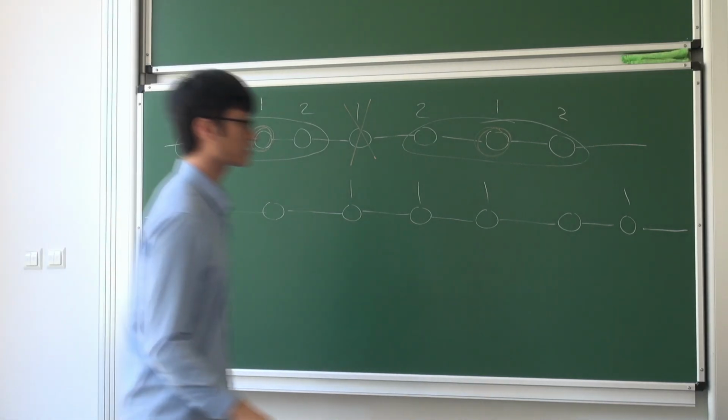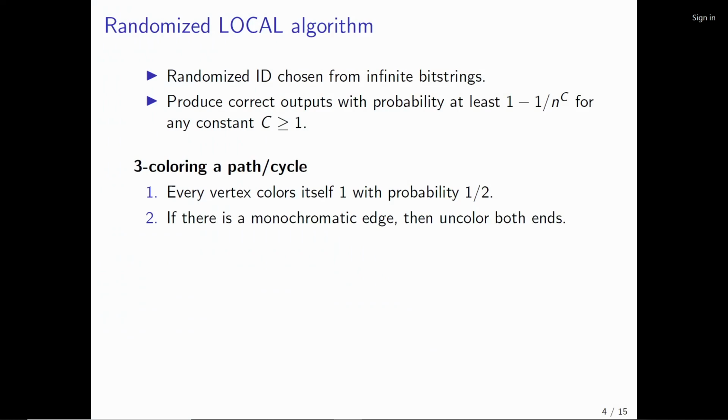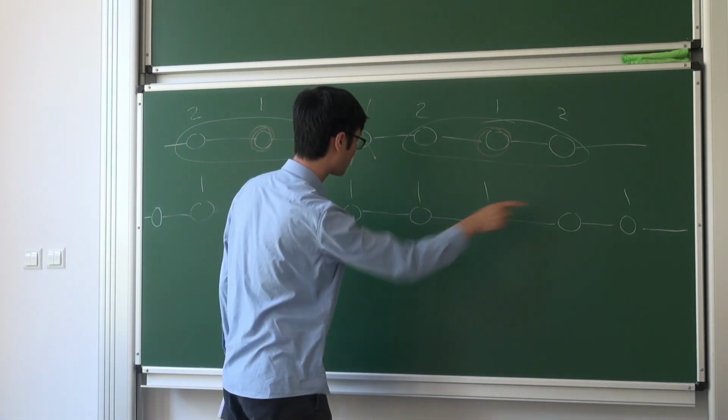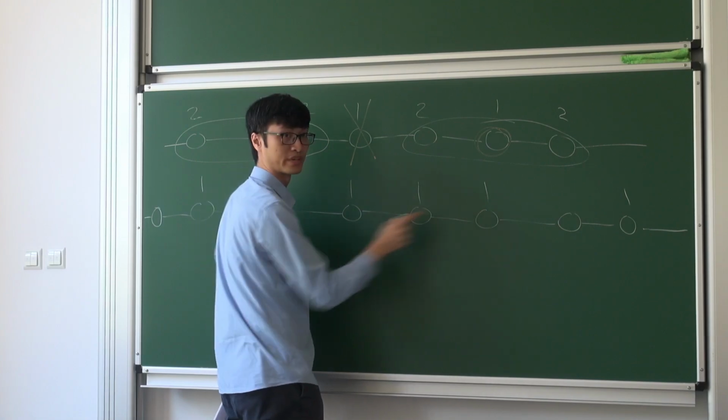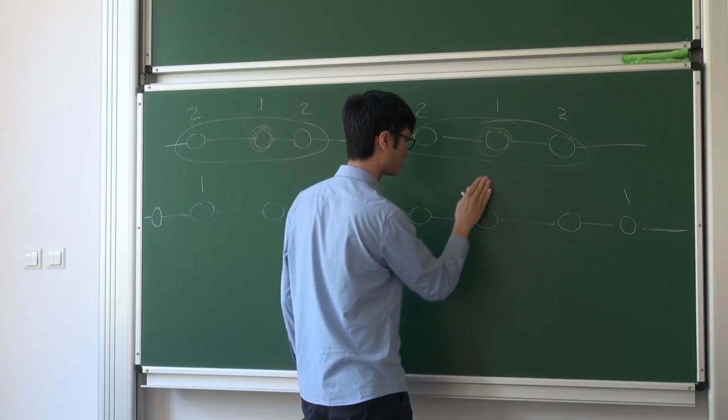Now, what you want to do next is remove all the monochromatic edges, I mean the color on both ends. So this one has no neighbor colored 1, so it keeps its color, that one as well, and all of these guys will get removed. Okay, so let's remove these colors.